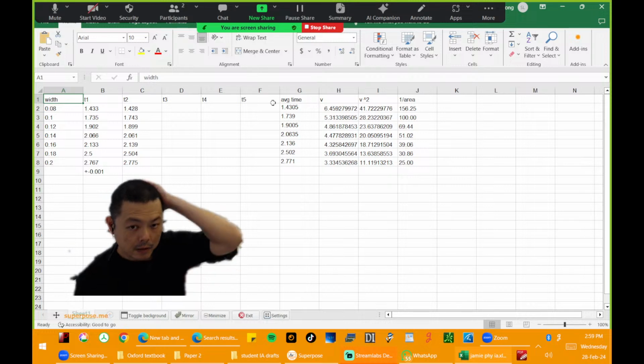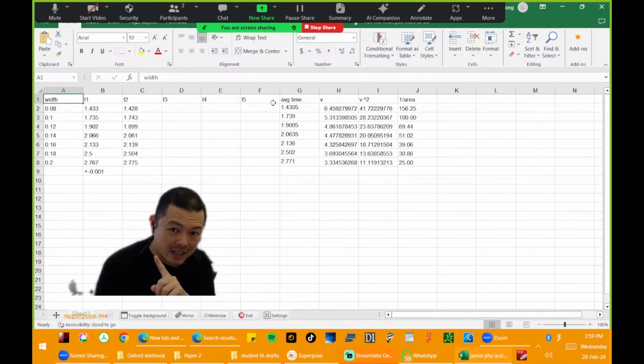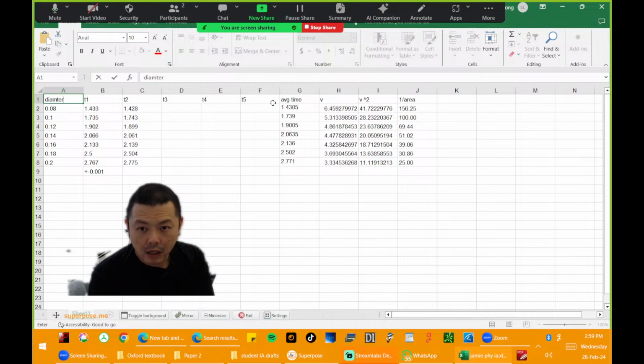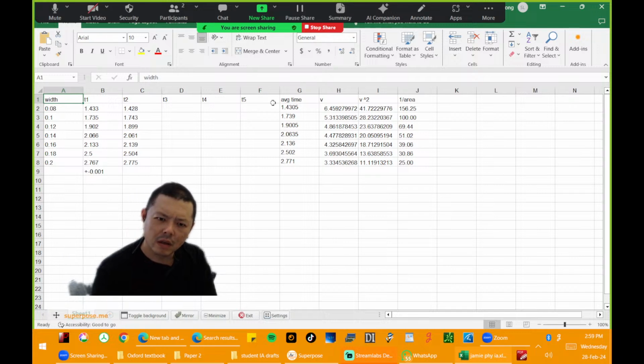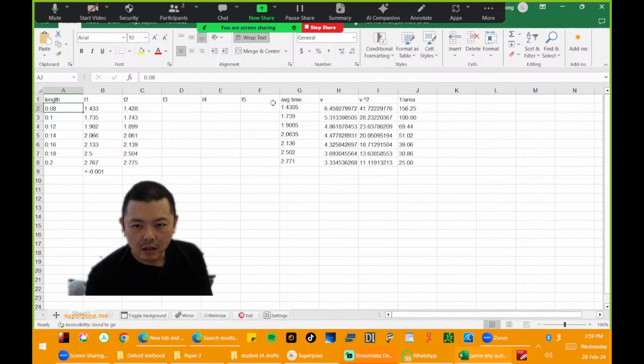Okay, hang on. This width, when you say width, what does it mean? Diameter? Your parachute is a square. Wait, so what does width mean? Oh, just say length of the square.